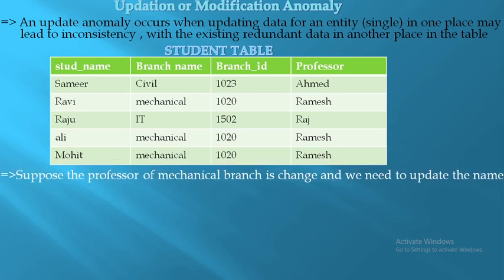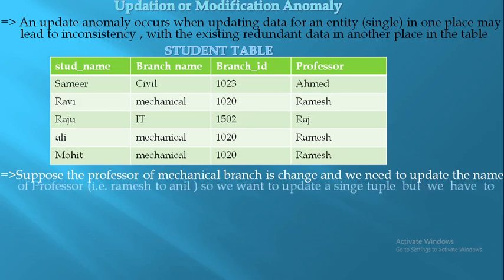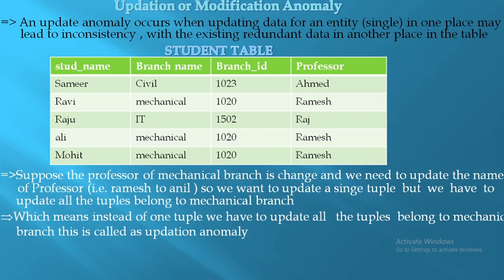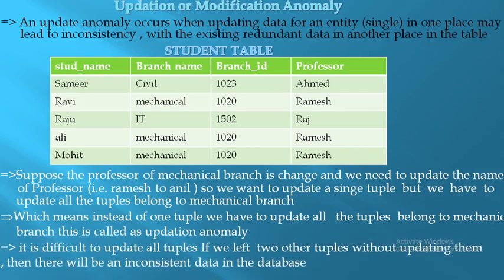We need to update the name of the professor, that is Ramesh to Anil. So we want to update a single tuple, but we have to update all the tuples belonging to mechanical branch, which means instead of one tuple we have to update all the tuples belonging to mechanical branch. This is called updation anomaly. It is difficult to update all the tuples. If we leave two other tuples without updating them, then there will be inconsistent data in the database.